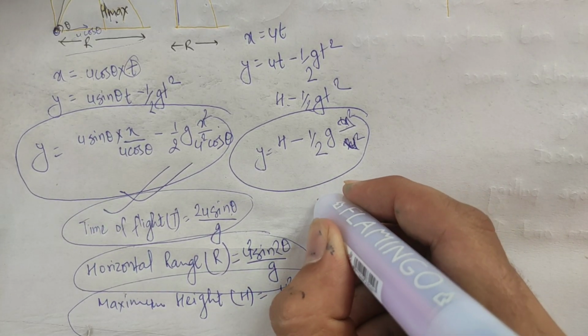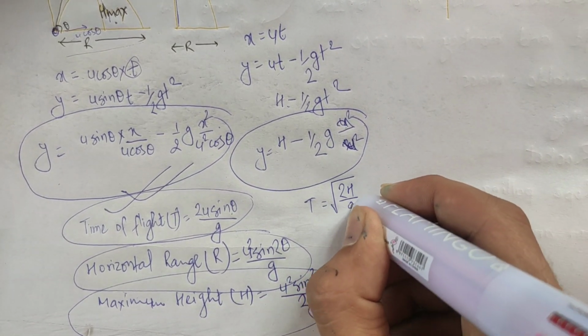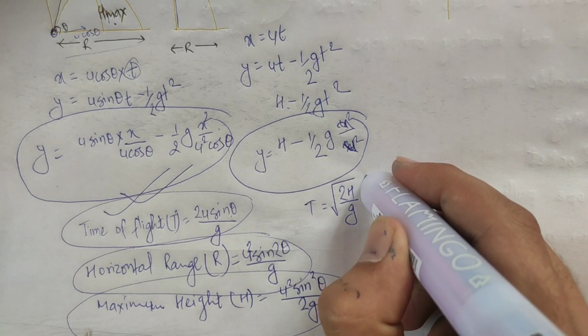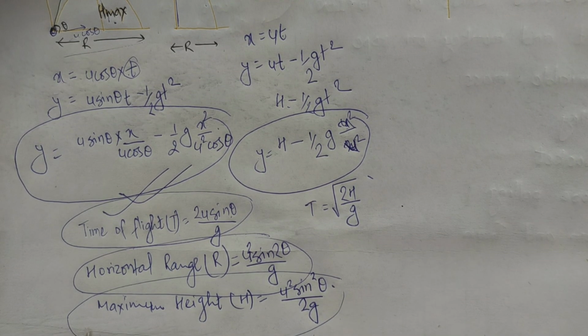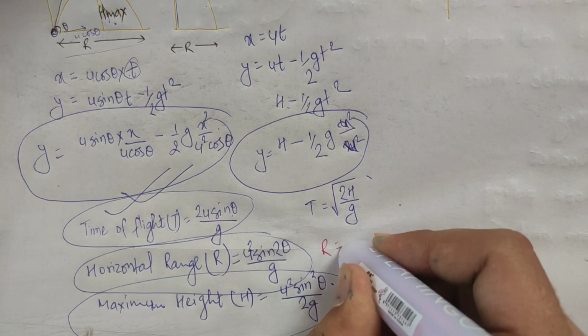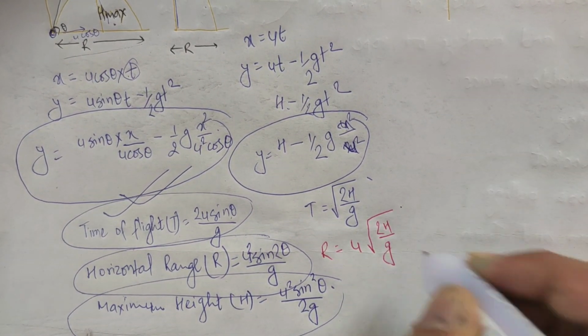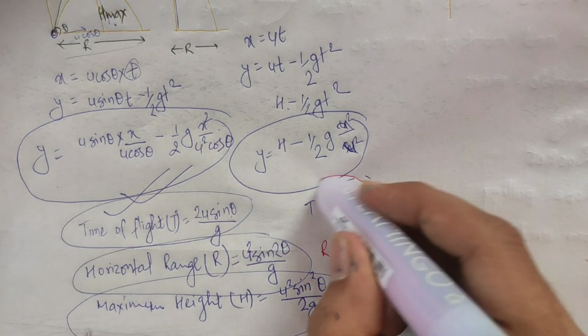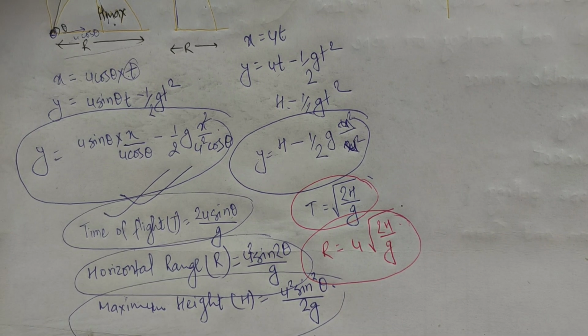Here we have time of flight, T is equal to root under 2h by g, and then the horizontal range is u root under 2h by g. So these are also to be known.